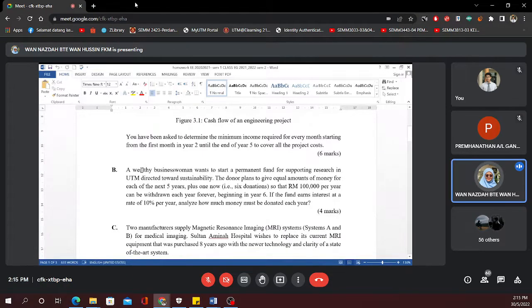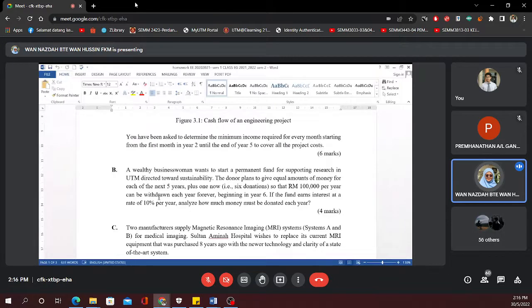A wealthy businesswoman wants to start a permanent fund for supporting research in UTM directed towards sustainability. The donor plans to give equal amounts of money for each of the next 5 years plus 1 year now, which is total of 6 donations, so that 100,000 per year can be withdrawn each year forever. When the question states the word forever, it means your n equals to infinity.